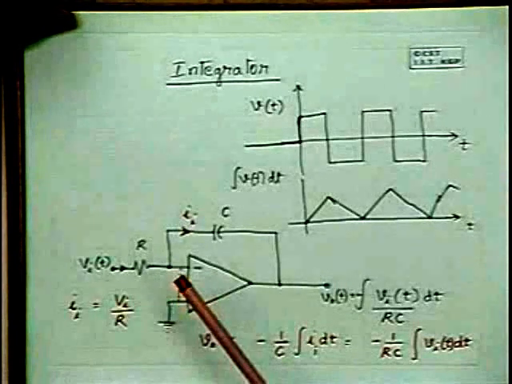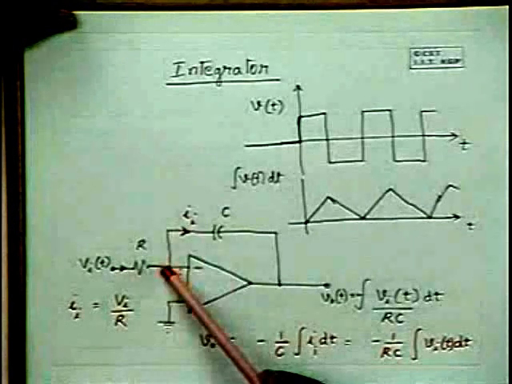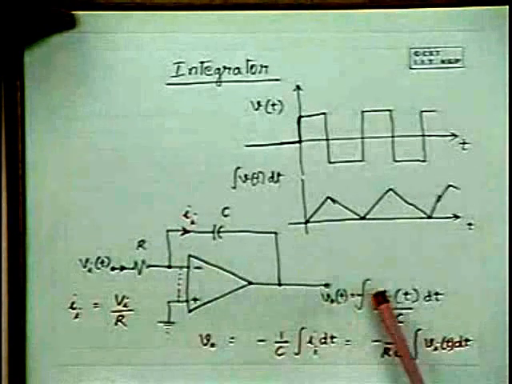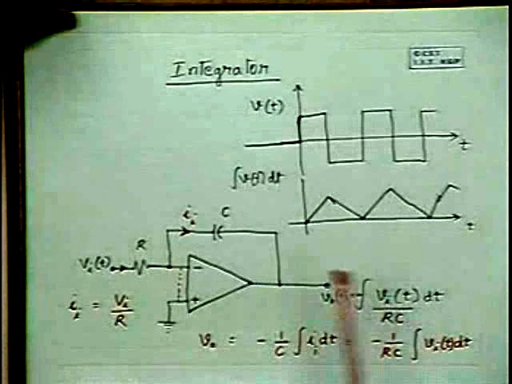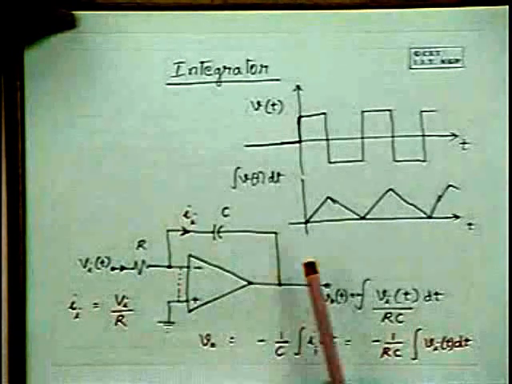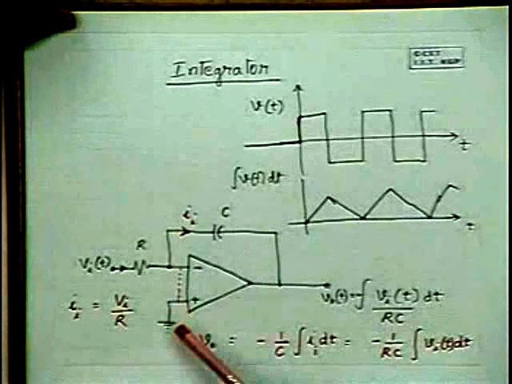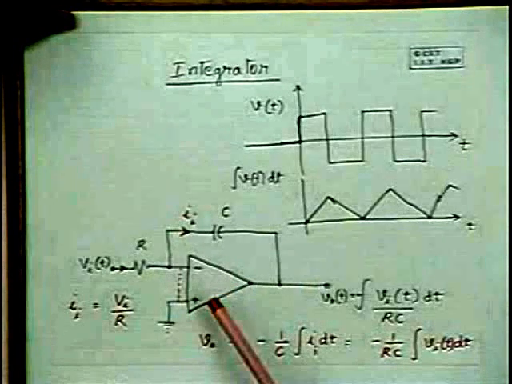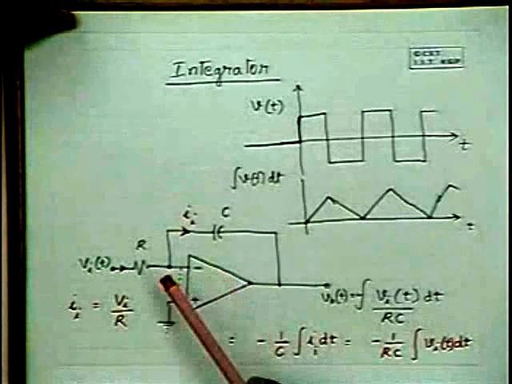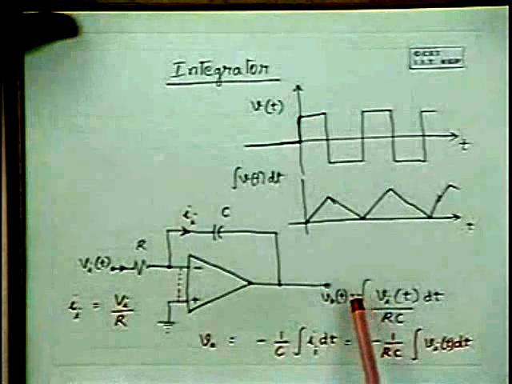And because of this feedback principle, the virtual short here, if you short circuit this, you won't get any integration out here. It is simply a current flows through this and nothing flows through this if you short this to the ground. Since the operational amplifier provides a very high gain, for almost zero potential it will give you a reasonable output voltage.